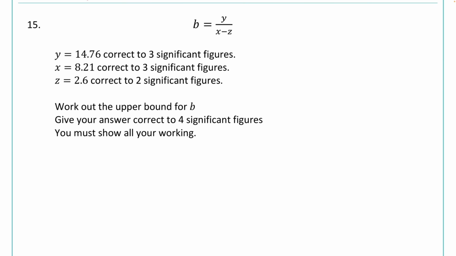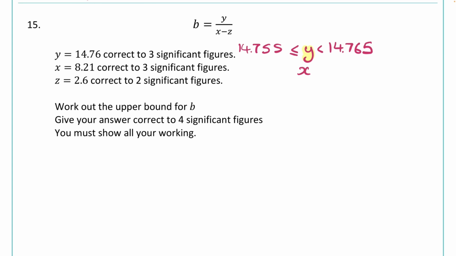Question 15 is looking at upper and lower bounds. This one here wants us to work out the upper bound for this, and it wants us to work out the answer to 4 significant figures. So with any bounds question, whether it's a bounds question like this or with compound measures, the first thing we want to do is write down the error intervals. So I'm going to write down the error interval for y to start with. So y is between 14.76, so I'm just going to add the 5 on the end, and 14.755.